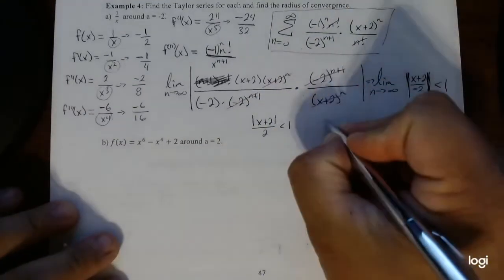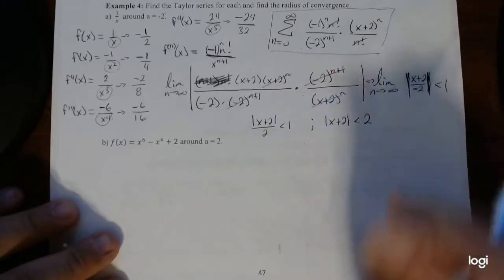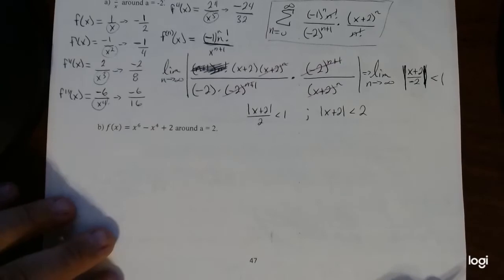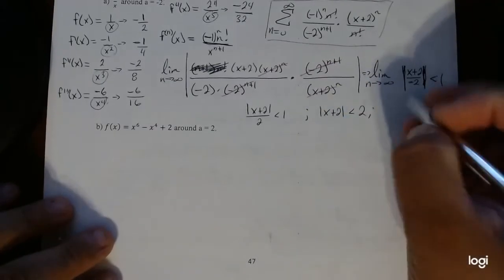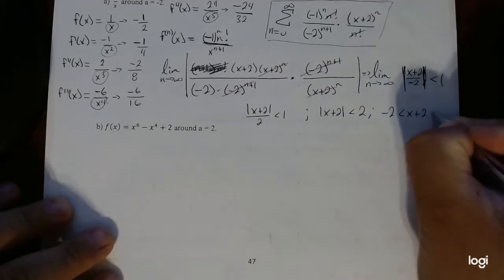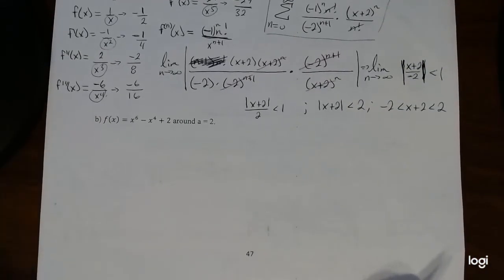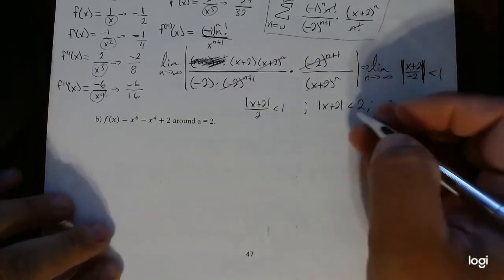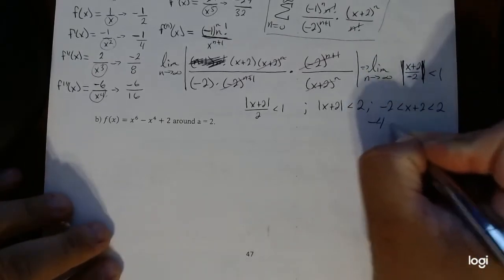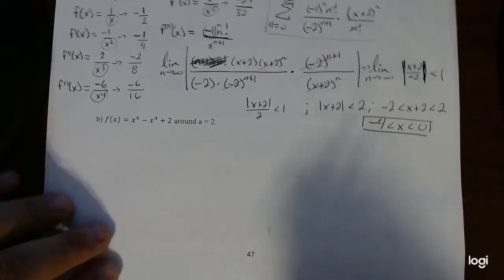Multiply this over. So the absolute value means it's bounded between negative 2 and positive 2. And now we just subtract 2. So our interval of convergence is from negative 4 to 0. Here we go.